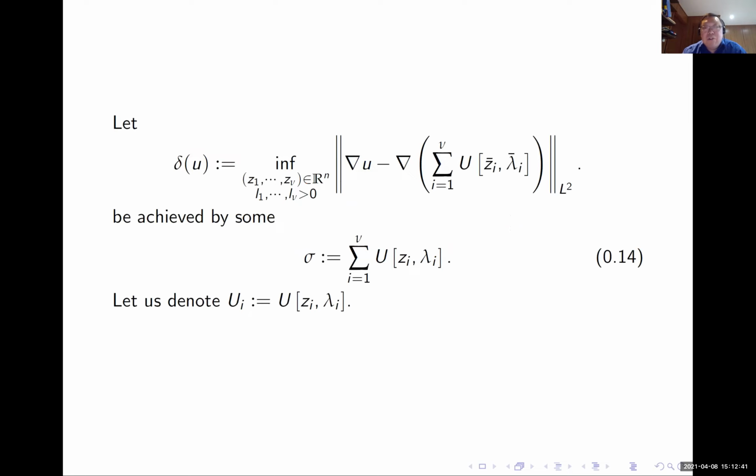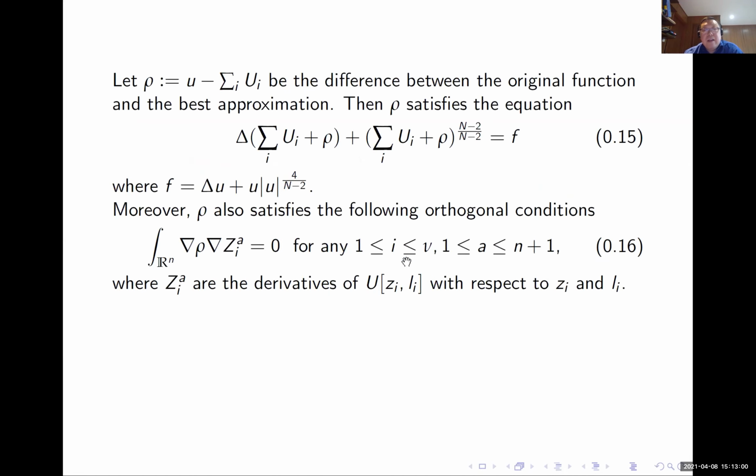Okay, so how do we prove this? We prove this by the reduction method. You take the distance between u and the Talenti bubble. Of course it will be small, because we know that u is close to the Talenti bubble, attended by some Talenti bubbles.